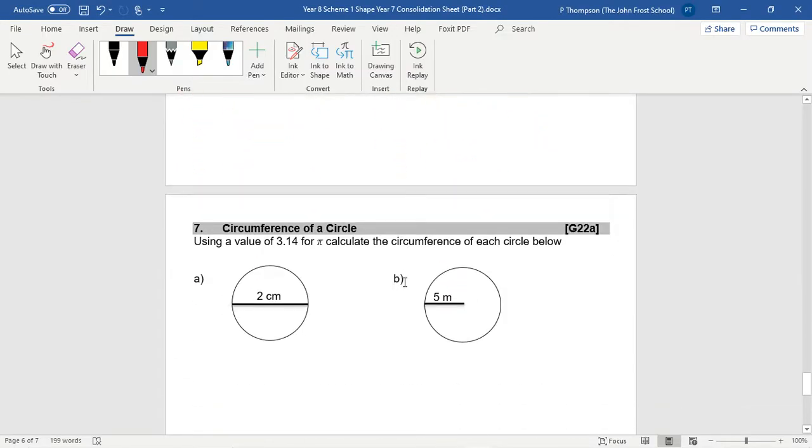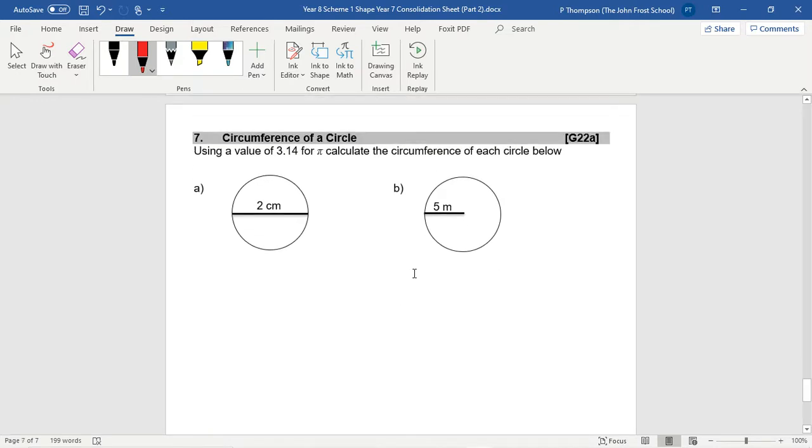And I've just got time to finish off, actually, I think, question 7. Circumference of a circle is easy. The formula this time, okay, is pi times the diameter. All right. So this one, I've got to do pi times, well, the diameter for this one is 2, because the diameter is all the way across. Okay, and this 2 is all the way across.